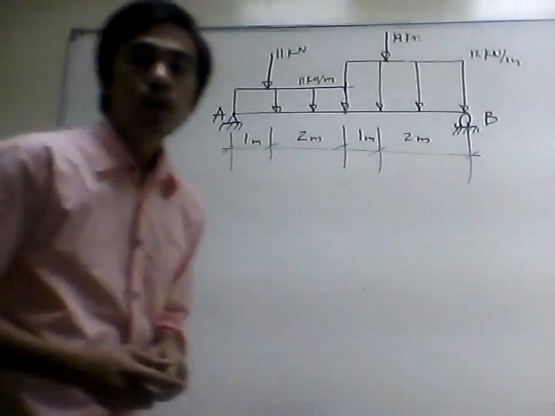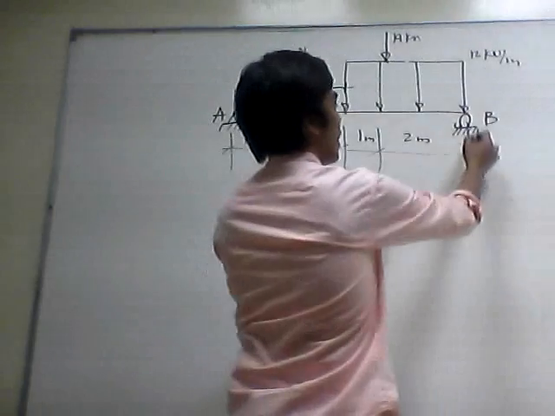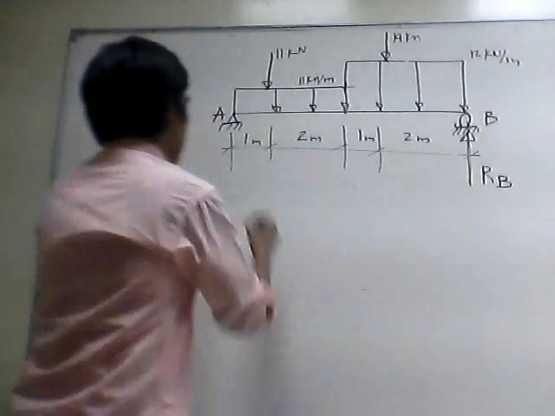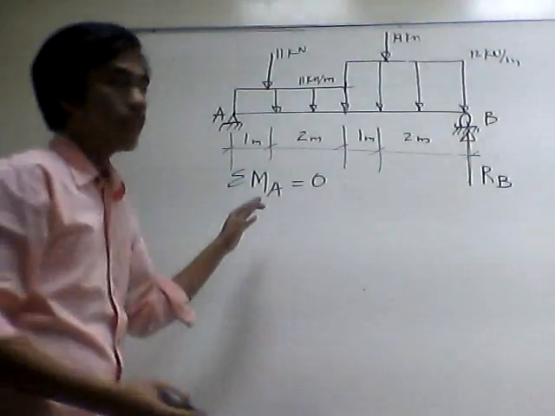Okay, we are going to use the summation of moment at A equal to 0 to solve for the vertical reaction at B. Okay, we write summation of moment at A. Let us make it fast.